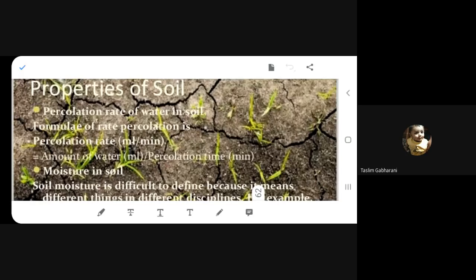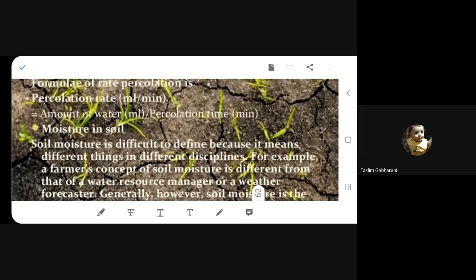Milliliter per minute. What will you say? Milliliter per minute. Okay, thank you. Amount of water in milliliter, percolation time in minutes.